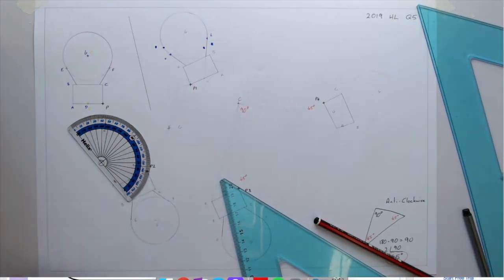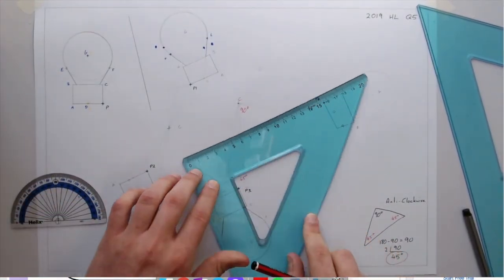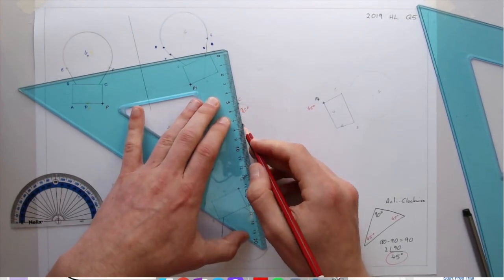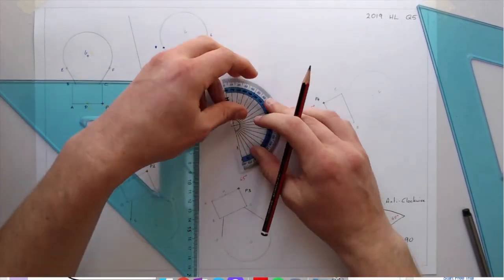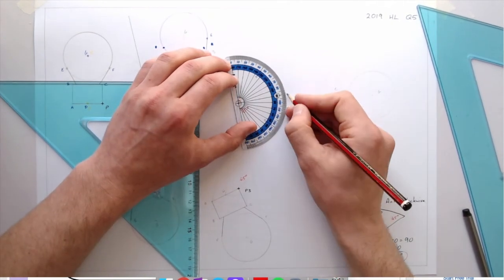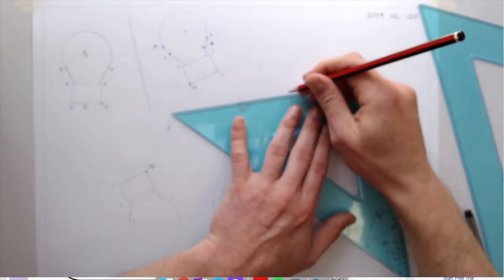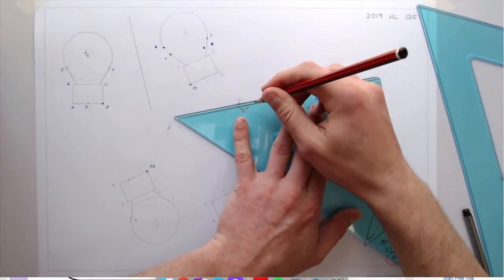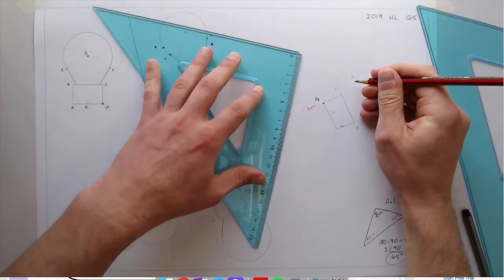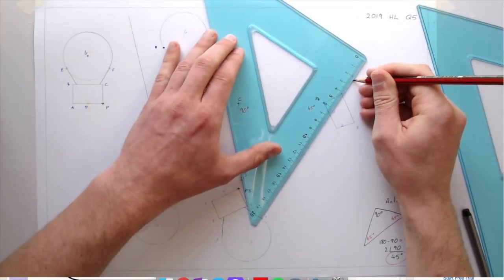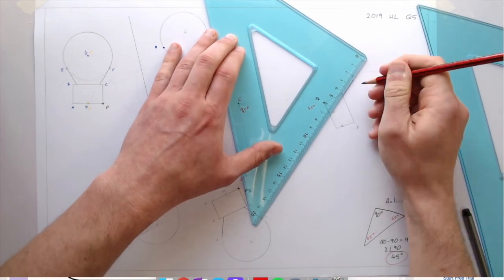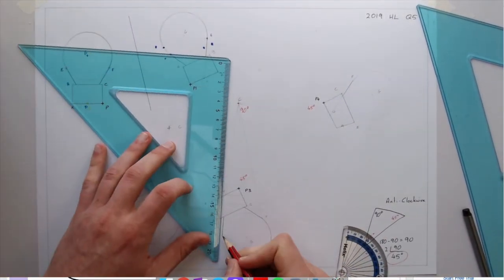Okay, so there's my circle at the end, and then finally, just to bring my F and my E to find where the points of contact are. So F. And lastly, last point.